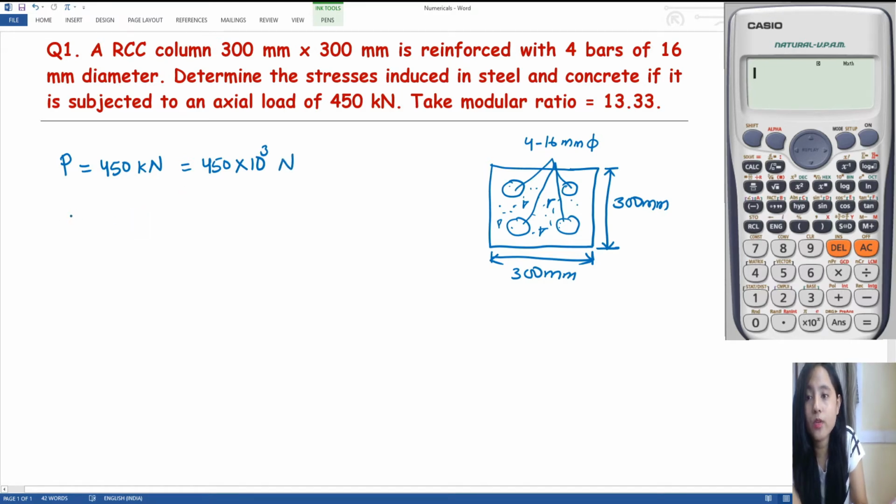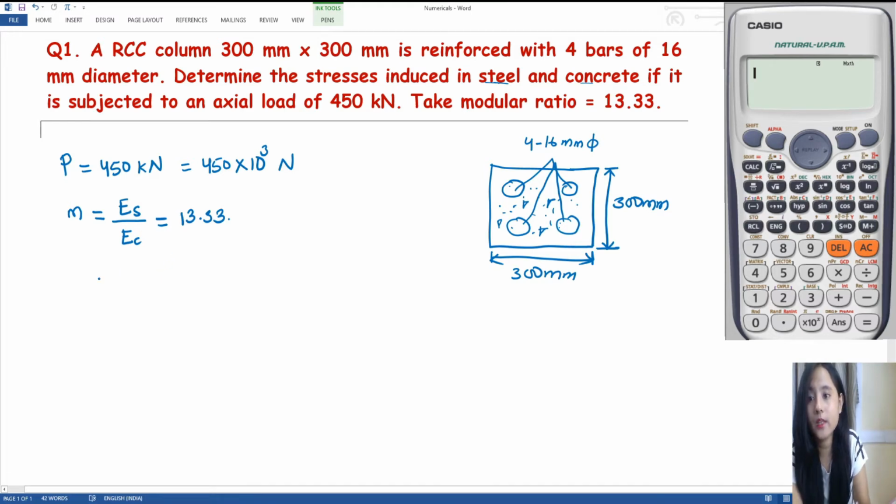Next, modular ratio m is equal to modulus of elasticity of steel divided by modulus of elasticity of concrete, which is 13.33. Since the question asks for steel first and then concrete, we have steel by concrete.